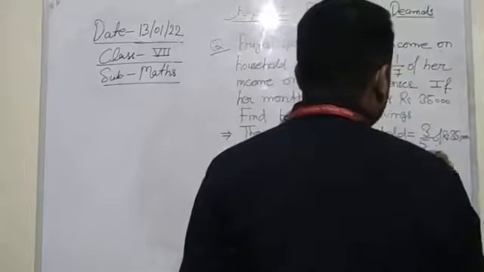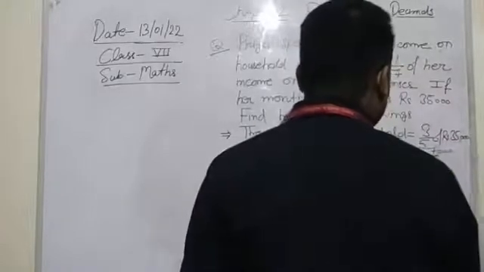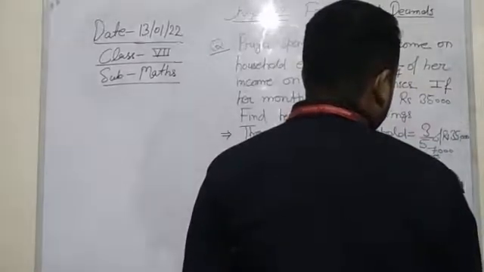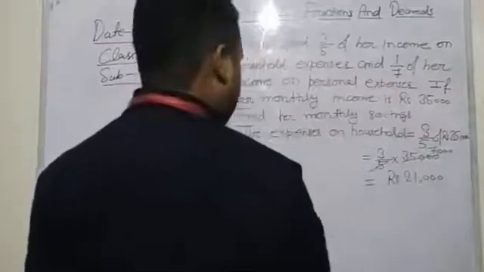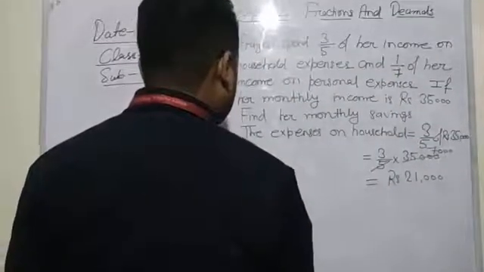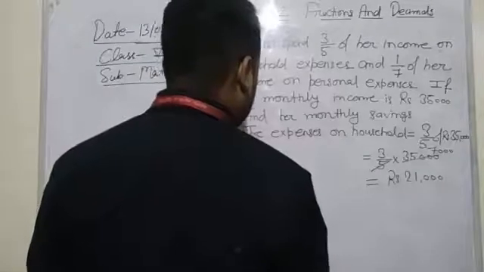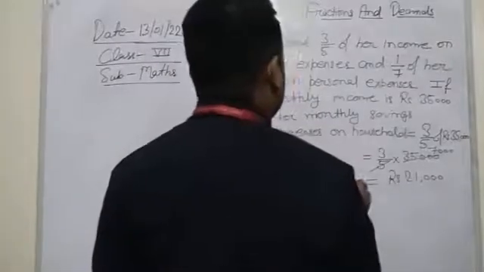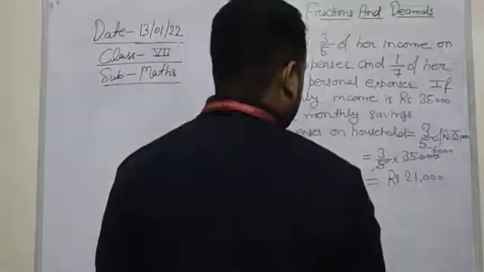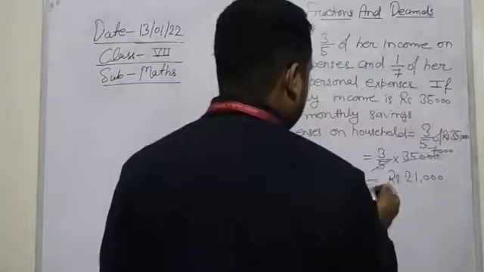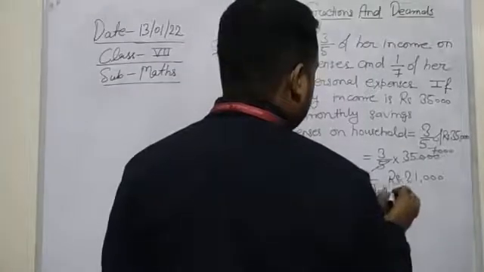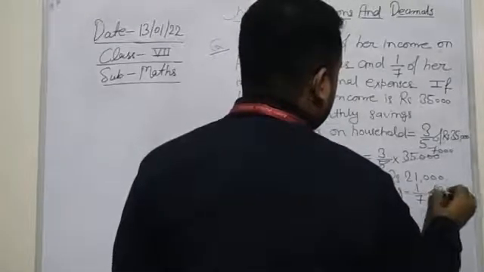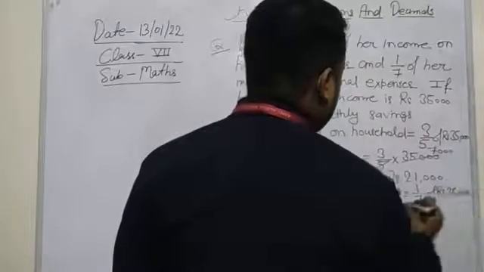So it will be 7,000 into 3, that is rupees 21,000, and the expenses on personal things is 1/7 of rupees 35,000.